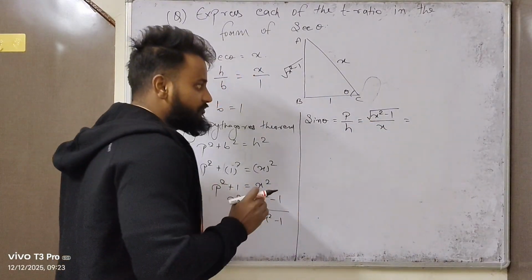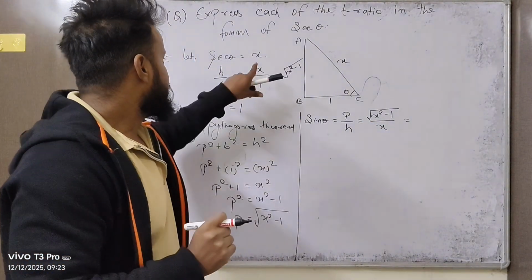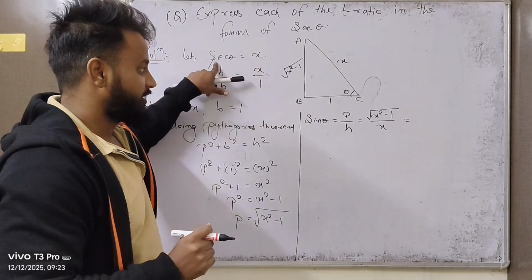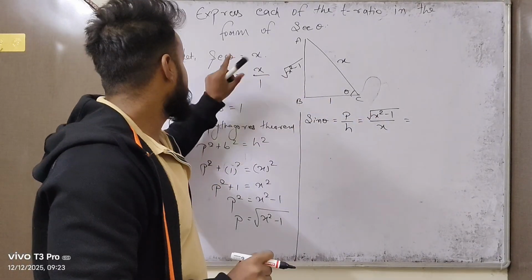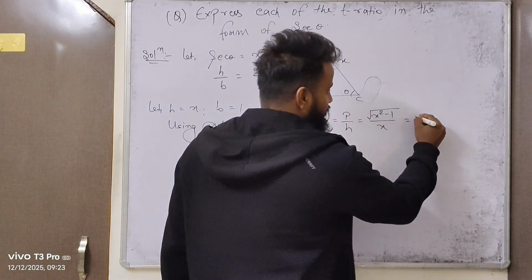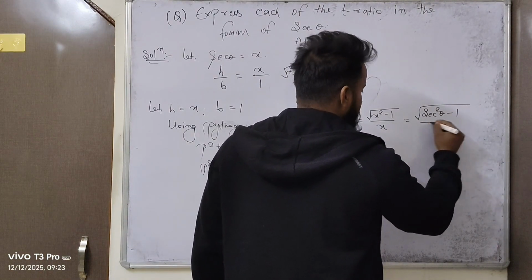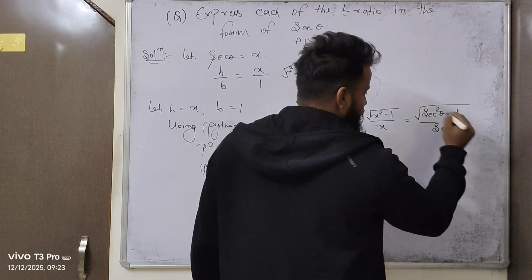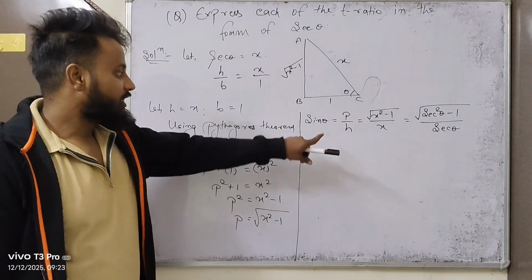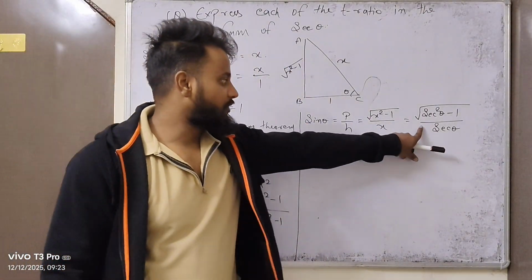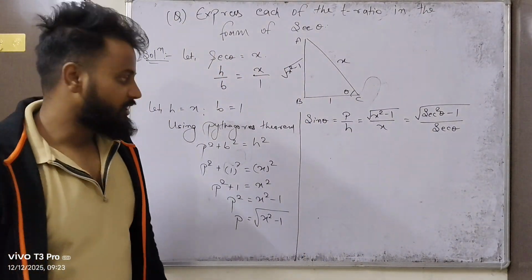The value of x we supposed to be sec theta, so in the place of x we put sec theta. This will become root under sec square theta minus 1 divided by sec theta. Now what we have done? We have converted sine theta in the form of sec theta. It is clear to everyone.